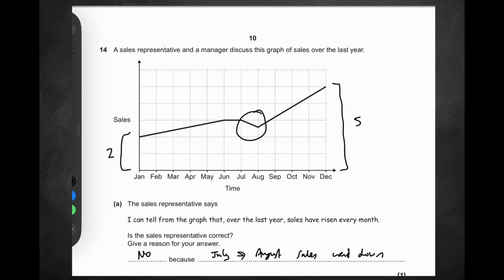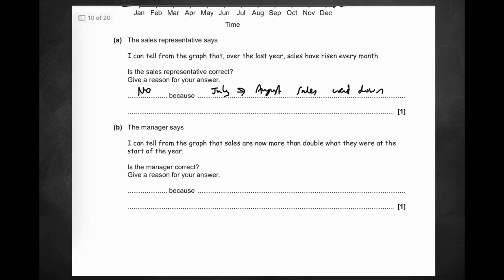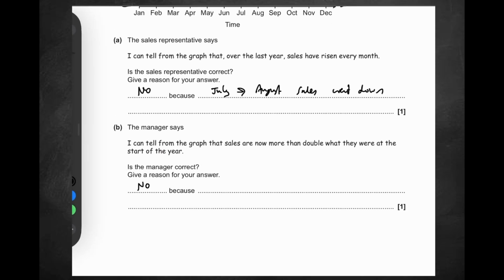We don't know what this represents. This could be percentages, this could be individual numbers, we don't know that for sure, so I'm going to say no, because we have no numbering on the y-axis to determine quantity.